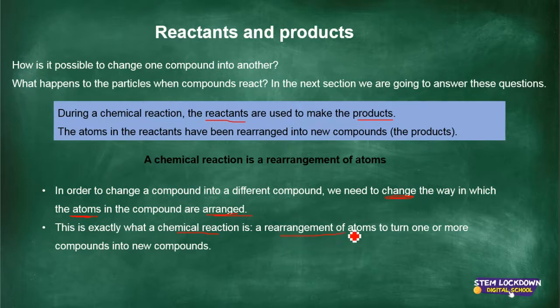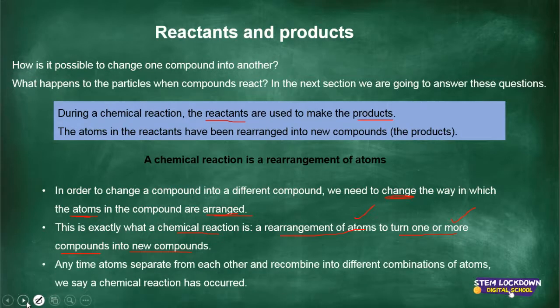You're going to say, it is the rearrangement of atoms to turn one or more compounds into a new compound. Rearrangement of atoms would be 1 mark, and to turn one or more compounds into a new compound should be your 2nd mark for your answer.